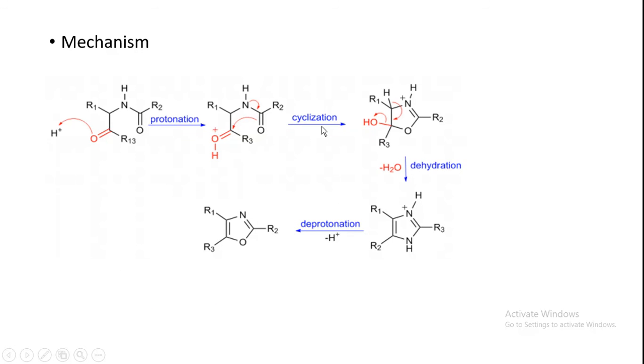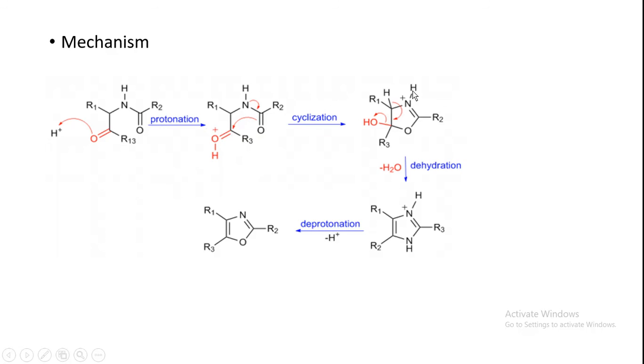Next, cyclization takes place. This hydrogen comes out, the electron pair shifts, forming one double bond, and the oxygen attacks the carbonyl carbon, forming an oxygen-carbon bond. Here OH is present and this is R3.